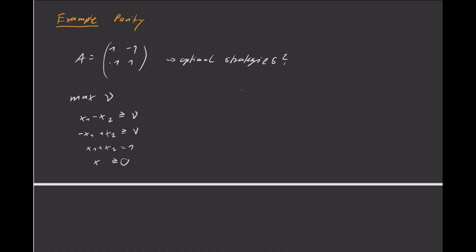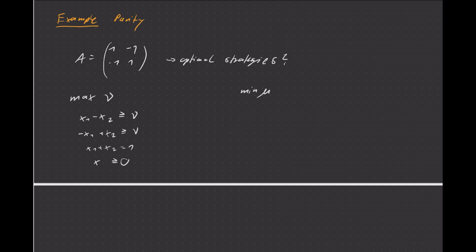And on the other hand, we have the minimization problem of the row player. The row player wants to minimize mu, such that y transposed times A is less or equal to mu times 1 transposed.